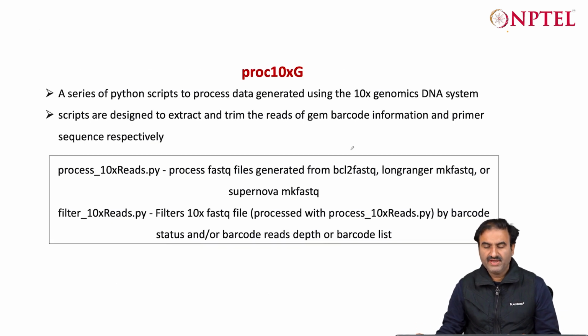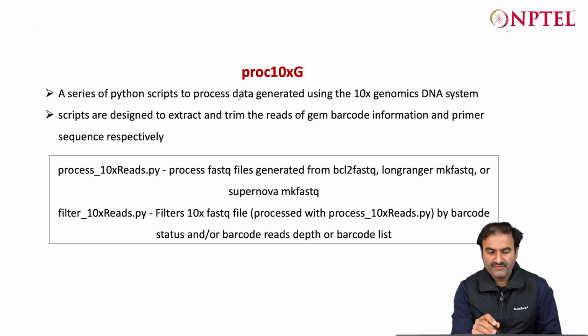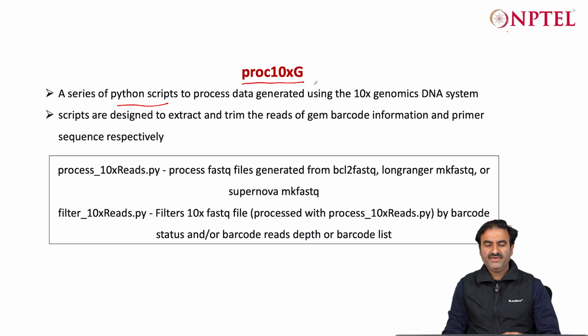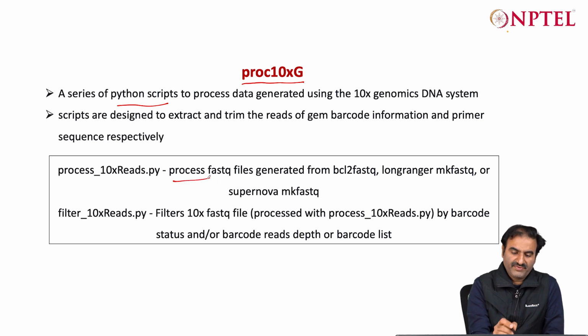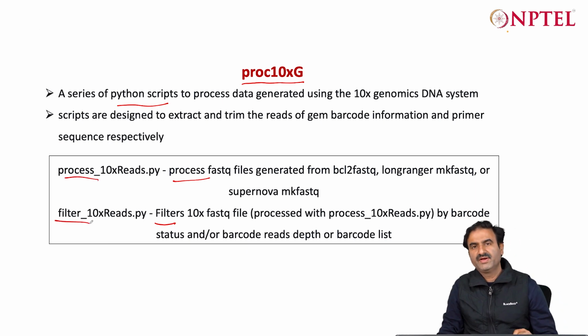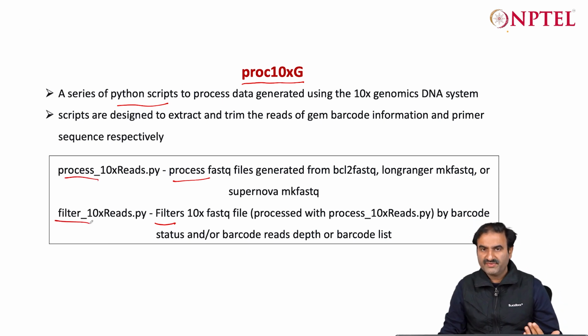of 10x reads, and it contains a set of Python scripts called proc10xg, which has basically two components, the process and the filter scripts, which do this assembly in two steps.